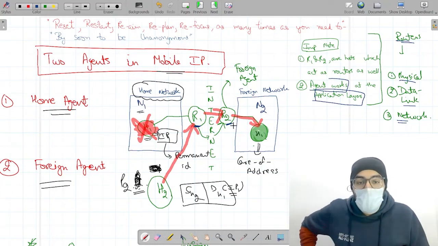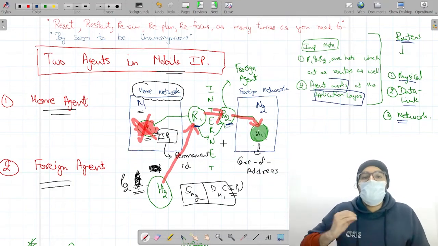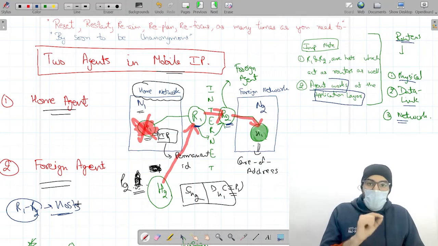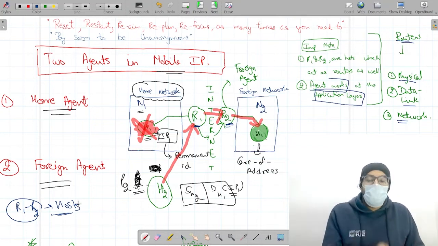this is a router in the actual sense. What we can say is that this is basically a host. This router R1 or R2, these are nothing but hosts, and these hosts are acting as a router as well.